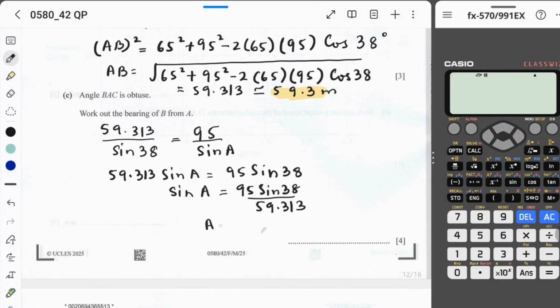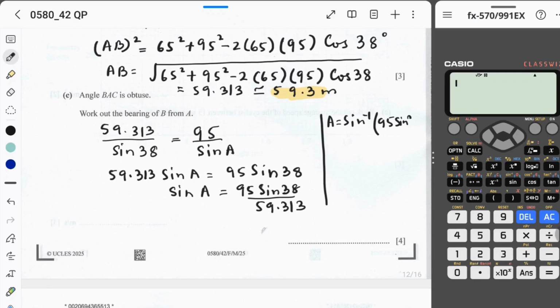So A is equals to sine inverse of 95... I'm just doing it here because of the space. A is equals to sine inverse, that is 95 sine 38 upon 59.313.